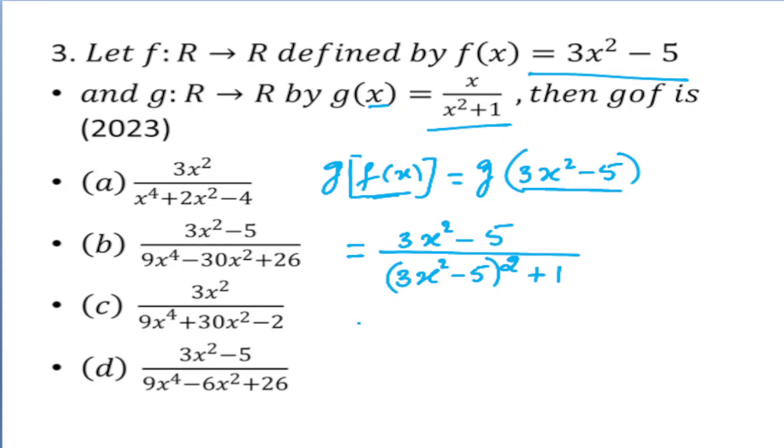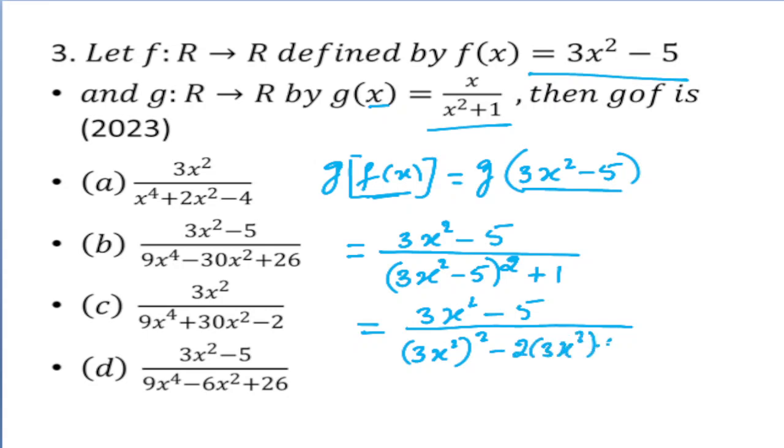Let us simplify further, and to simplify further in the denominator we will use a minus b whole square. Now it is 3x square whole square minus 2 into 3x square into 5 plus 5 square plus 1.